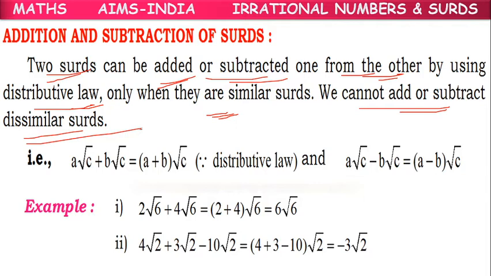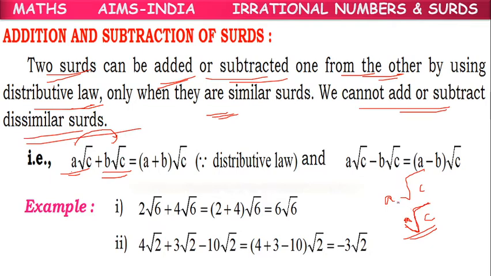This addition and subtraction can be done by using the distributive law. If we have a root c plus b root c, these two are similar surds. How can we say they are similar surds? Because they have the same order. Here the nth root of c is different, where n is the order of the surd.